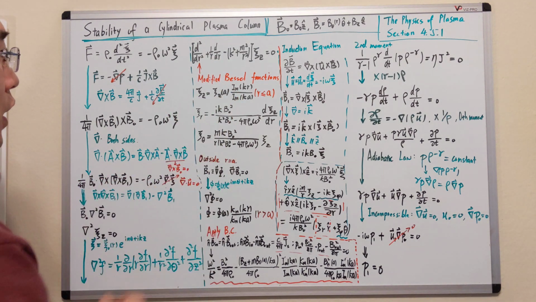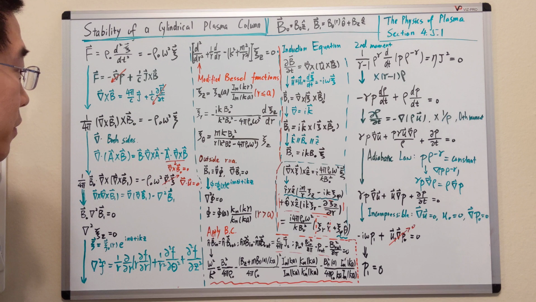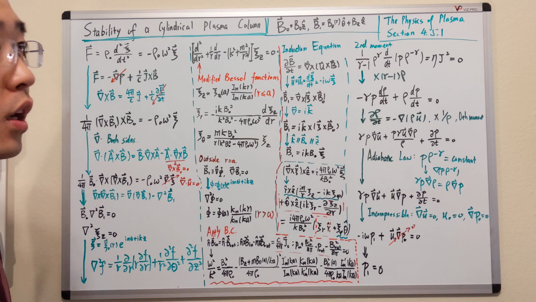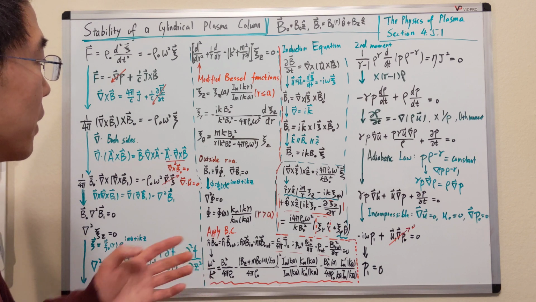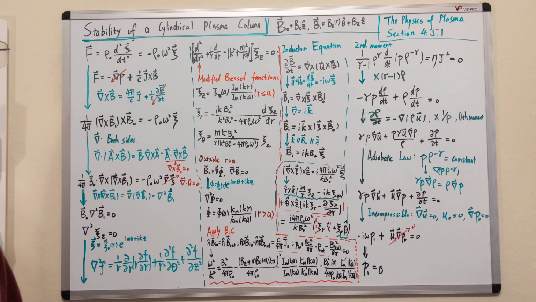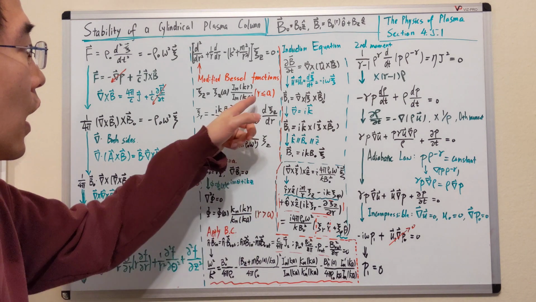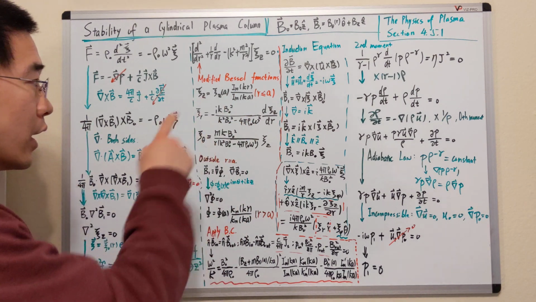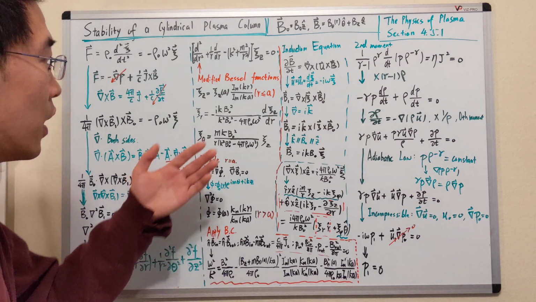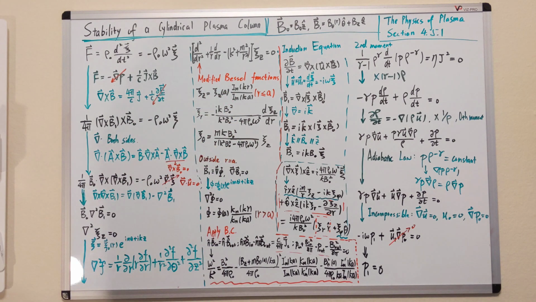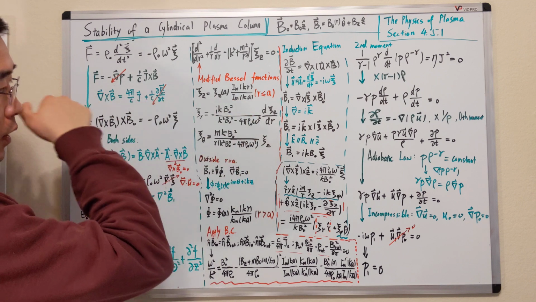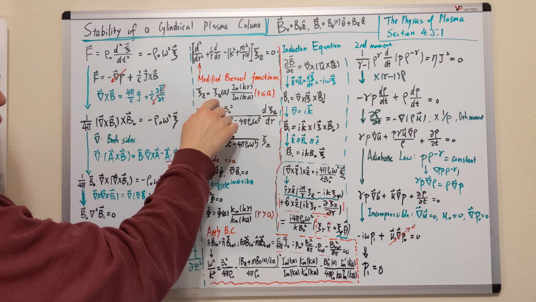This expression is the standard format of the modified Bessel functions. There are two modified Bessel functions, one of which will be finite at r equal to 0, which is I. Since we want convergence inside of the cylinder, we're left with this expression for the given boundary conditions.